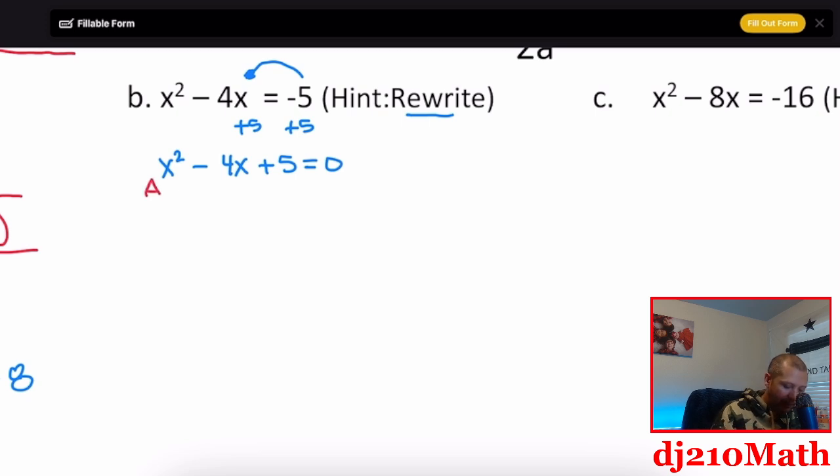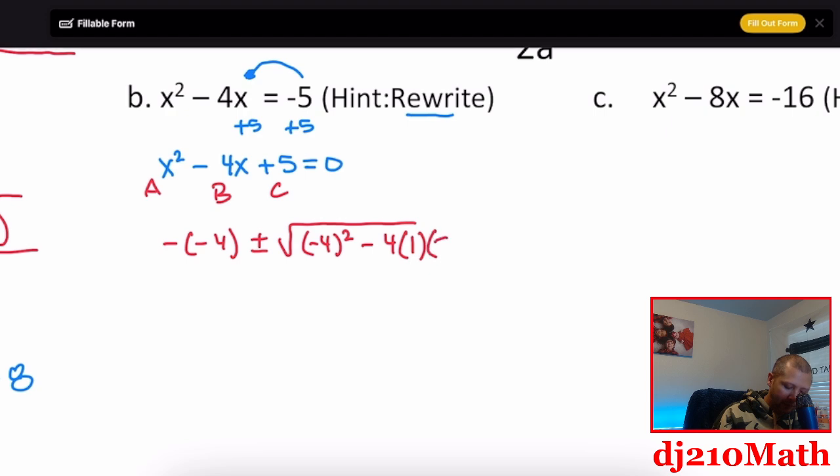Now we can apply the quadratic formula, A, B, and C. Again, B is -4. So this is going to be -4 plus or minus -4 squared minus 4 times A, which is 1, times C, which is 5. All over 2A. A is just 1.